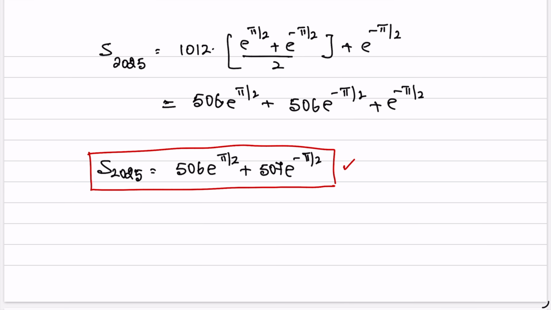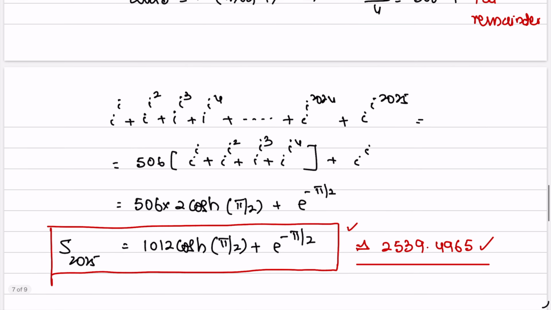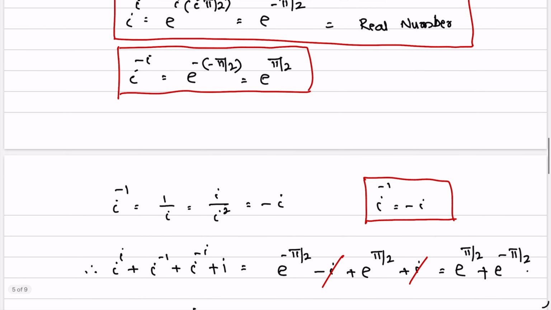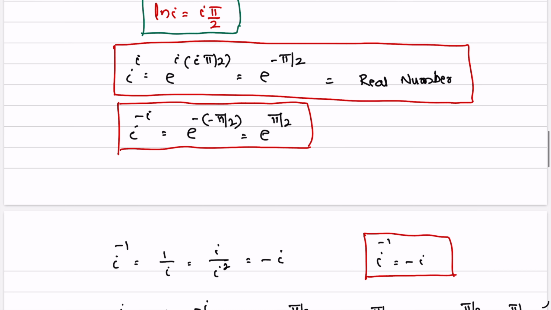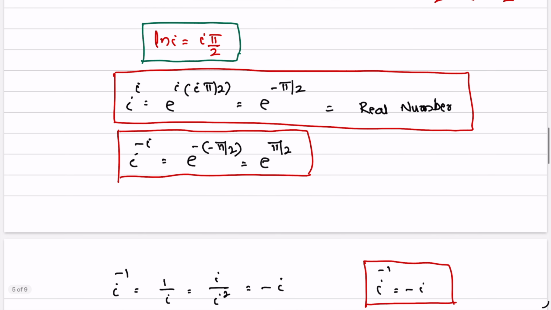With this, I want to conclude this lecture. In this lecture, we have 3-4 concepts. One is the definition of cos hyperbolic x, and another is how to get the value of i to the power of i in real numbers as e to the power of minus pi by 2, and i to the power of minus i is equal to e to the power of pi by 2.